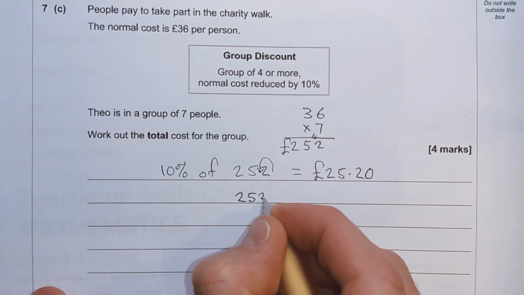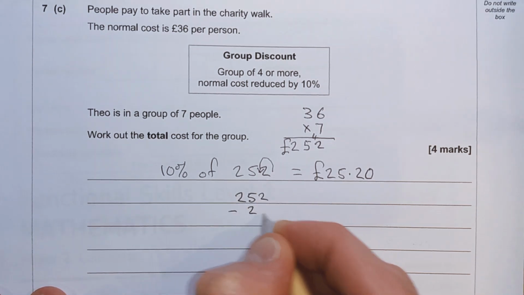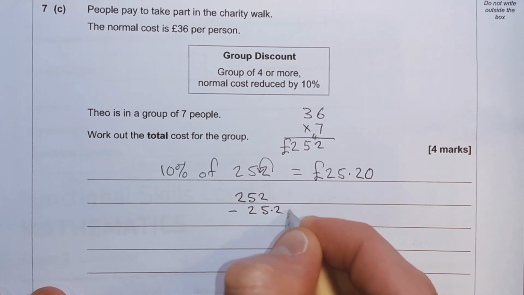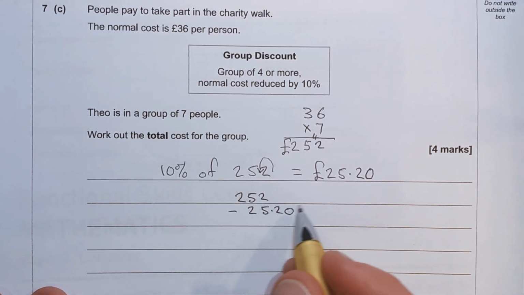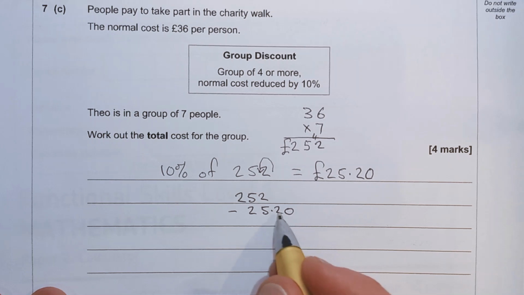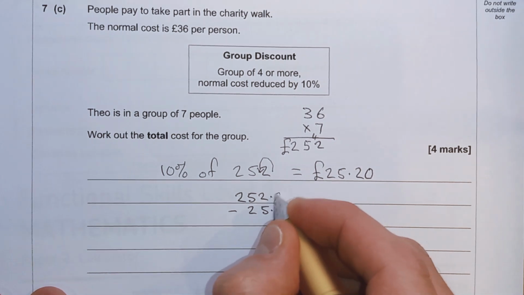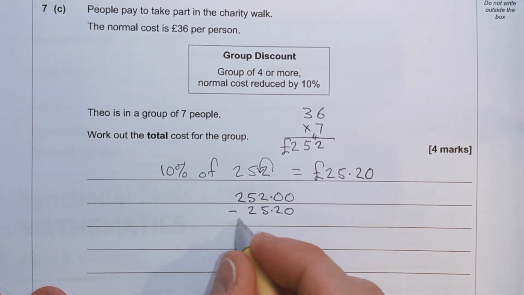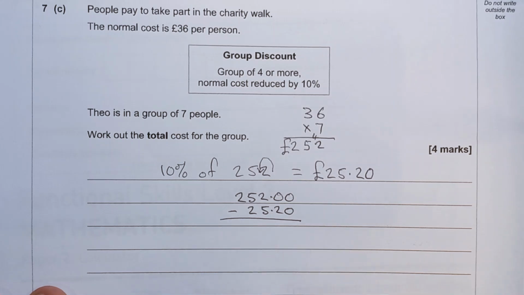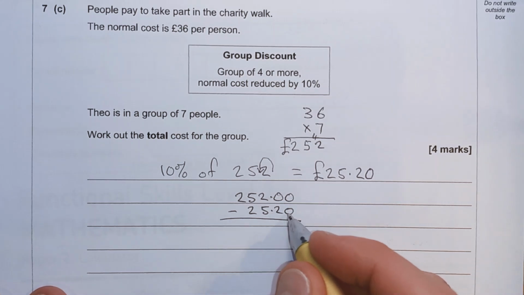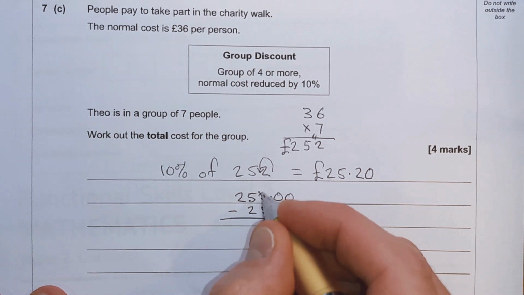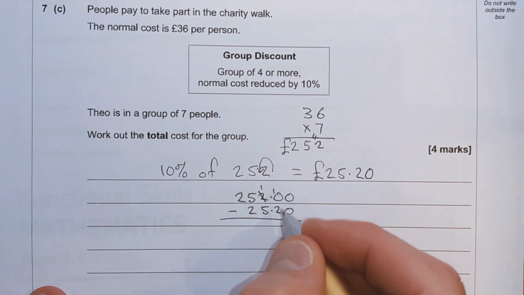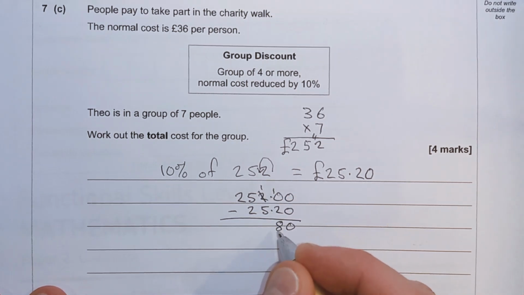So 252 subtract £25.20. And you'll see I've lined up the units and the tens. Now, so that we've got something to take the 20p away from, I'm going to put zeros in there as a placeholder. So 0 minus 0 is 0. 0 minus 2 we can't do. So make that a 1. Now we've got 10 minus 2, which is 8.